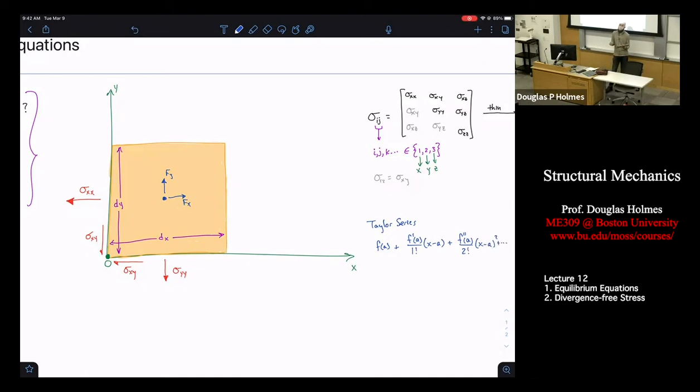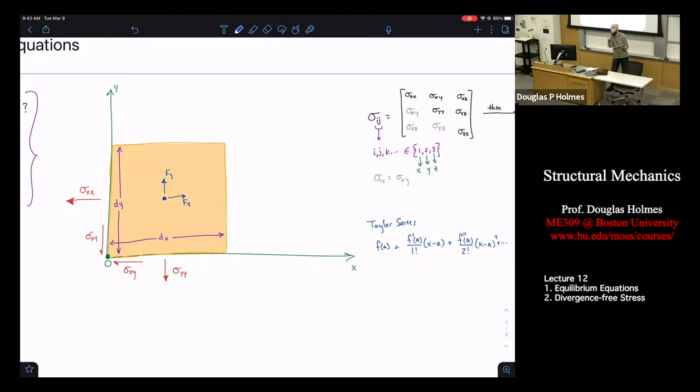And so what this means is that if you have some function, for instance, like a stress, then what you can do is you can start at the point where you know that stress value, say the origin. And you can say, how is this stress going to vary as I move away from the origin? And I can think of that as a Taylor series expansion and saying, okay, my stress at the origin is this.